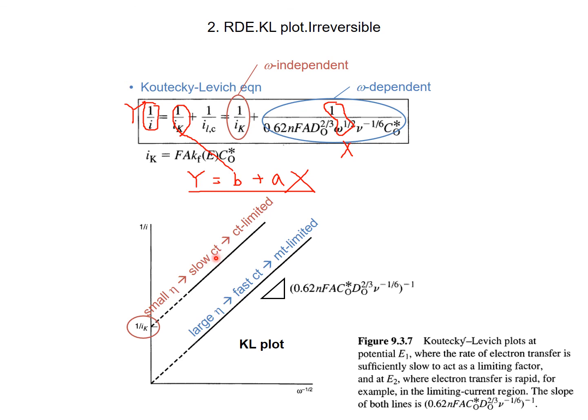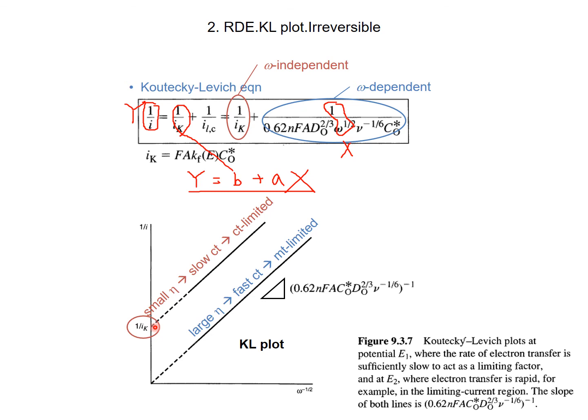So, the kinetic current became smaller, and this value became larger when compared with the first case. So, the y-intercept could be found on the y-axis as 1 over the Koutecký current. From this y-intercept, you could calculate the kinetic current.